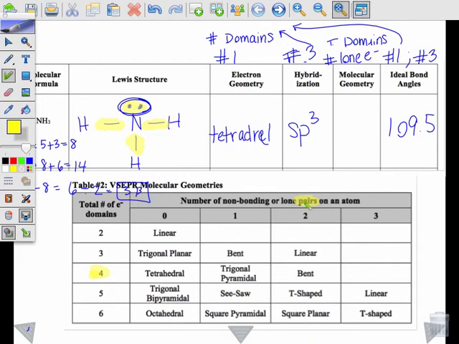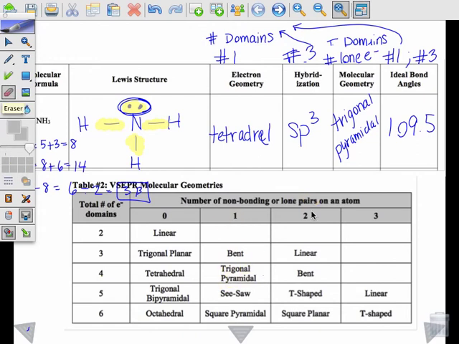So in this particular structure, I have 4 domains and 1 pair, which means if I intersect those 2 points, my molecular geometry should be trigonal pyramidal. So I just write that. It's fine to fit in the box. It's fine if you go a little outside.